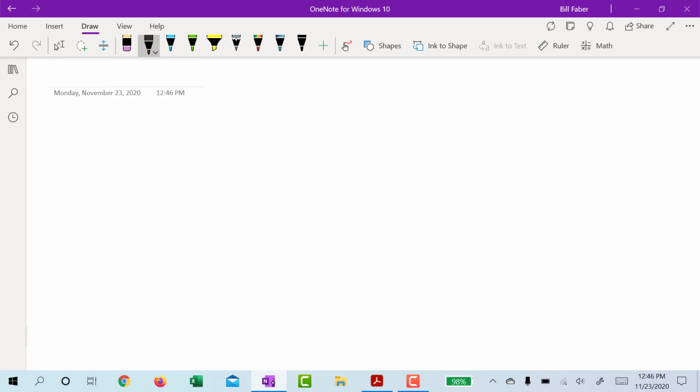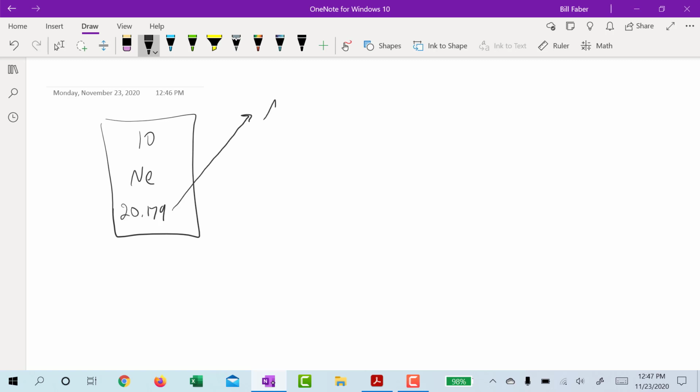So when you have a block on the periodic table like this, you can do two things. You can say it's an atomic mass, which means the units would be 20.179 AMUs for every 1 neon atom.